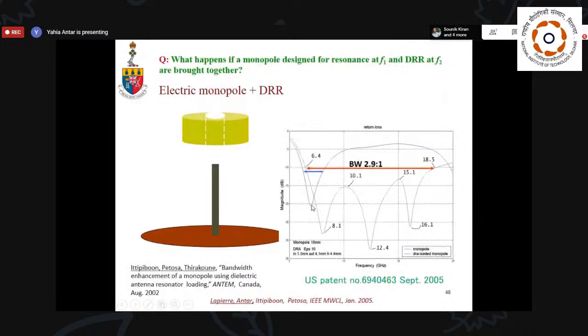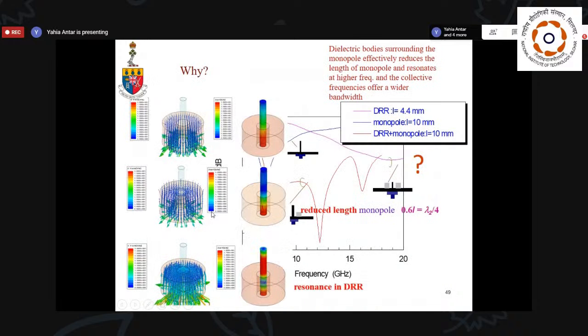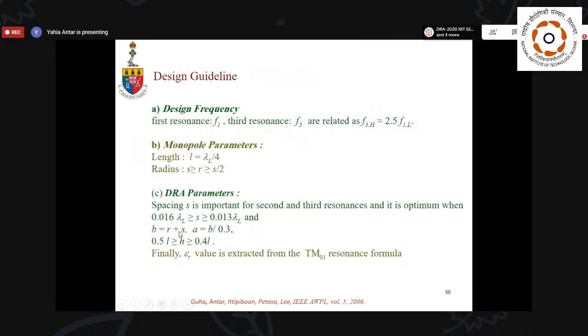Basically you want the bandwidth from here to there. So you choose the frequency of the monopole, you choose the frequency of the resonator, and use these design equations here, and they will give you an antenna that is excited in this mode and covers 300% bandwidth.